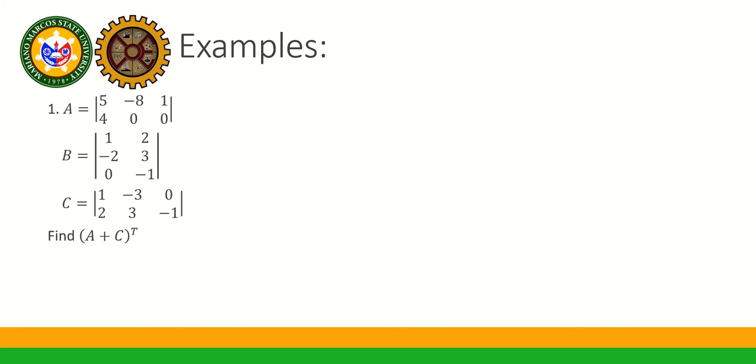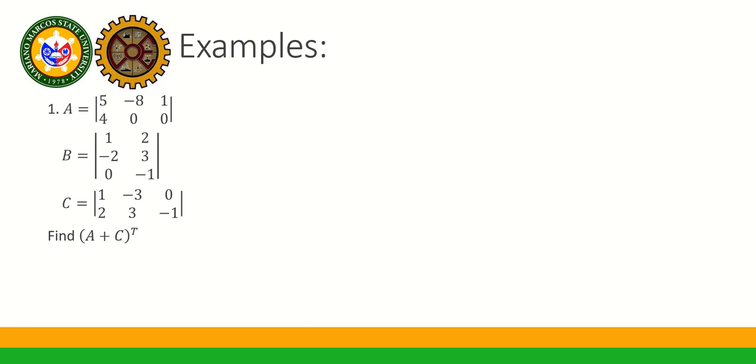Now, for example, letter B naman, A plus C, the transpose of the sum of matrix A and C. So, the first thing we should do is i-add muna siya and then i-transpose. Okay, so we will do 2 solutions dito and see if tama yung nasa rules natin.